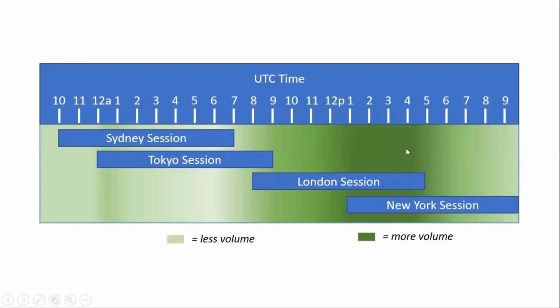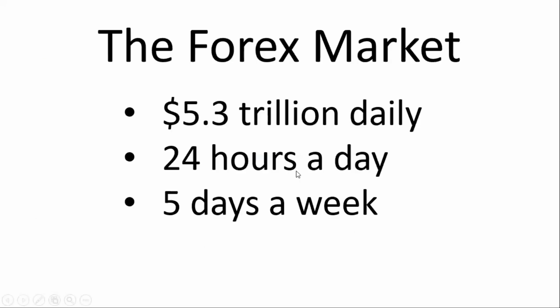If you see over here, we have a dark green as opposed to light green. The dark green shows that there's more money, more volume, during this overlap between London and New York. There's more volume in this area than in this area. We'll get into that much later. So this is our summary.